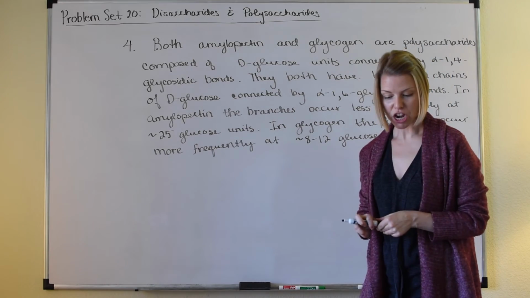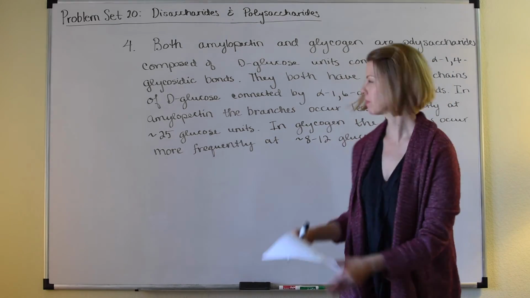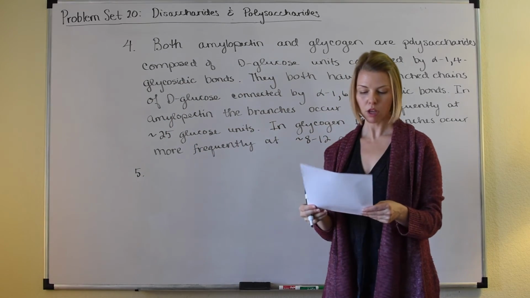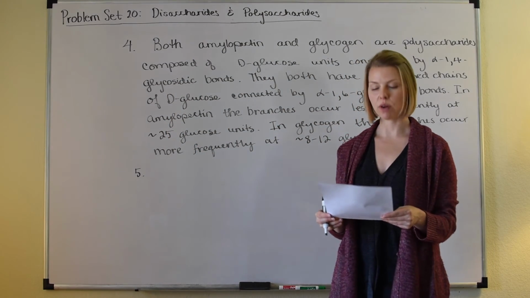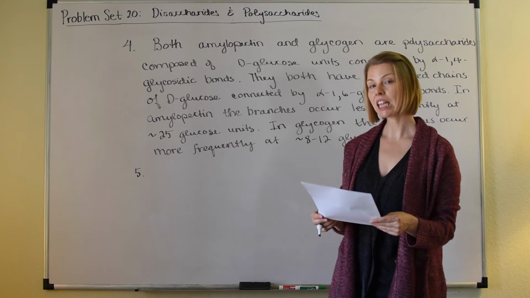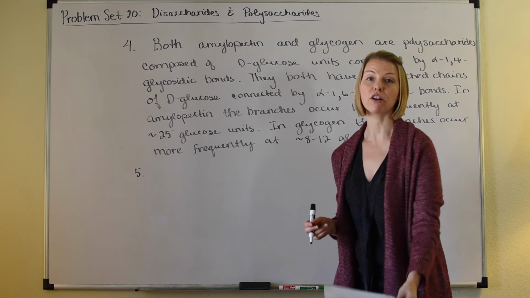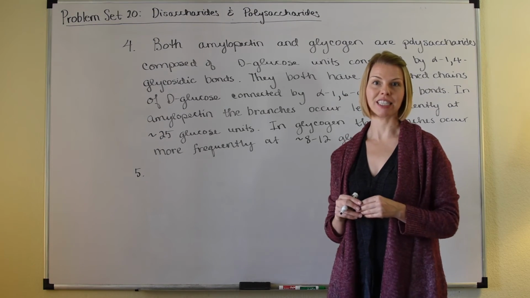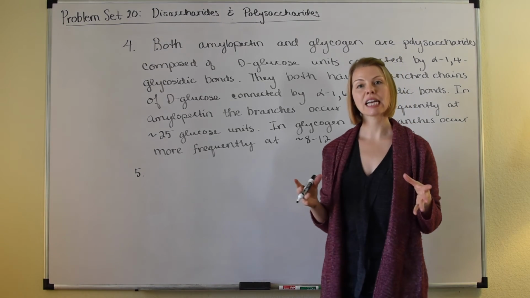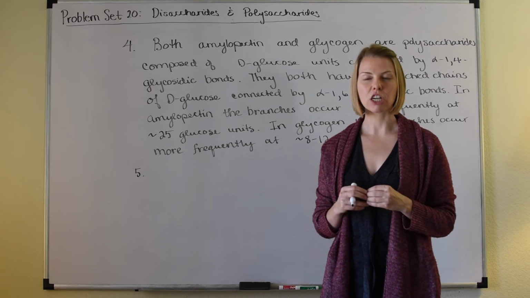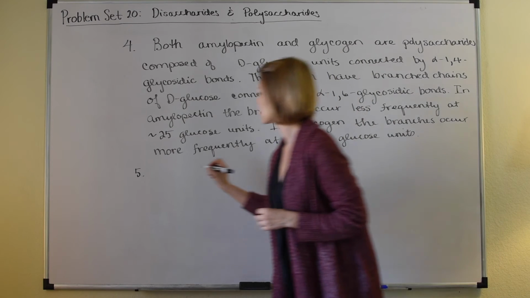All right, number 5. Which disaccharide is made up of D-galactose and D-glucose connected by a beta-1,4 glycosidic bond? I hope that you recognize that description as being the disaccharide lactose.